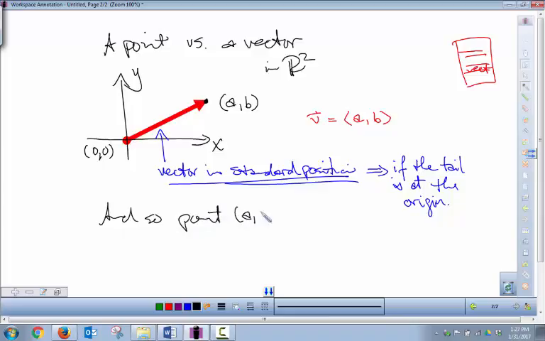So the point AB is essentially equivalent to the vector AB. So that's just the notation that I'll be using in class. I'll try to use the vector notation, but in case my alligator bracket starts turning into parentheses, then we know it's all the same thing, right? It's just that in the homework you have to be careful to actually use the alligator brackets to denote vectors. And so, are you talking about this?